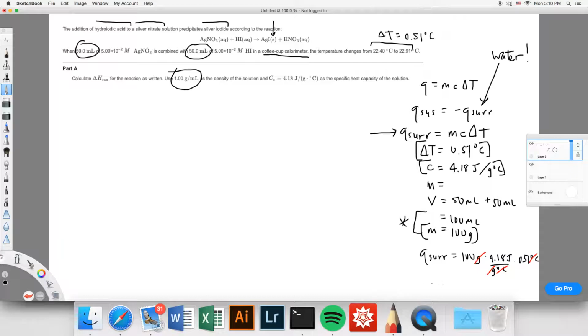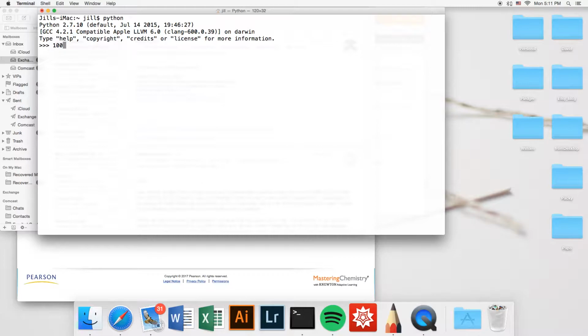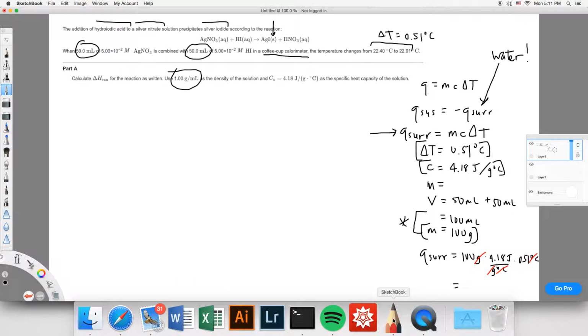Can't do that in my head. I'm going to come over to a different part of my calculator. 100 times 4.18 times 0.51, 213.18. Okay, 213.18 joules.